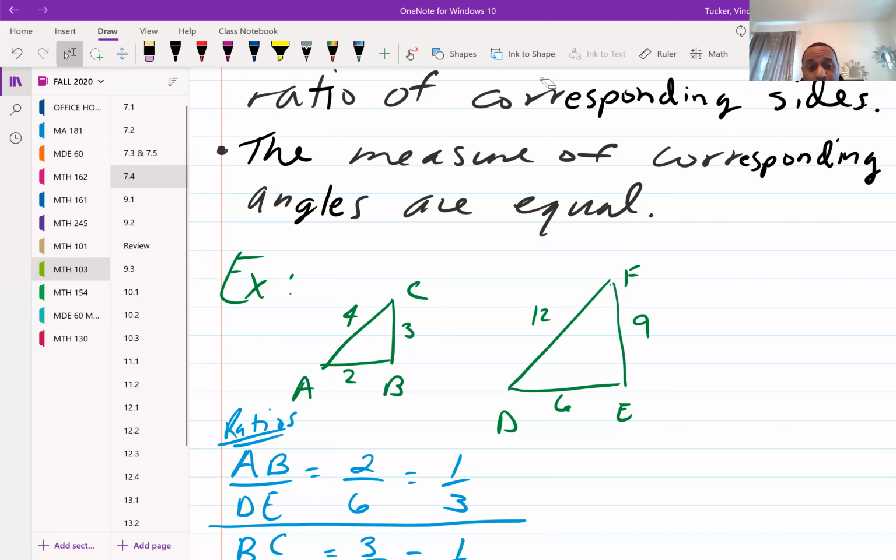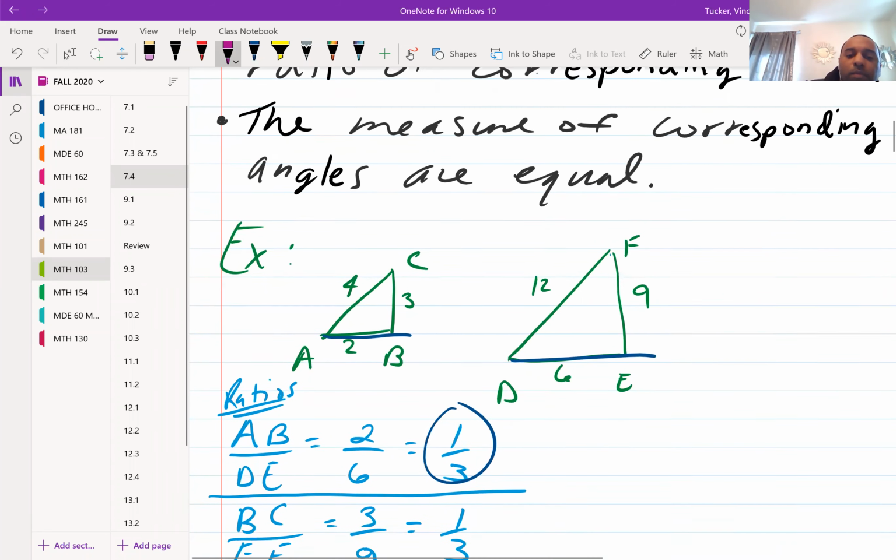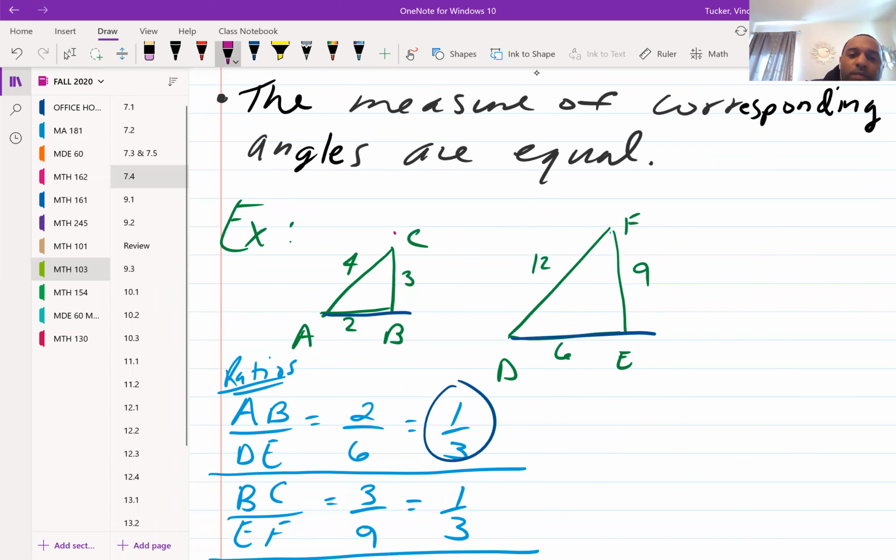So when we talk about the ratios of their sides being equal, we look at this bottom line, AB over DE, that reduces down to 1/3. We look at BC and EF.